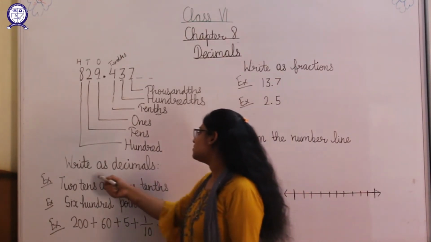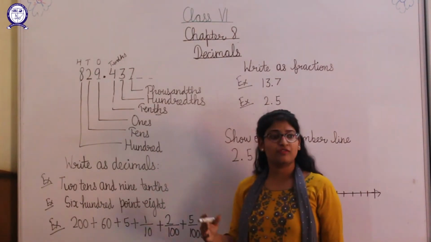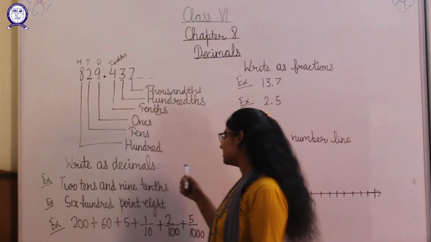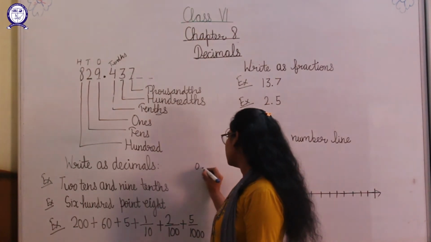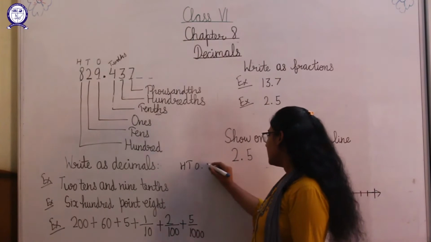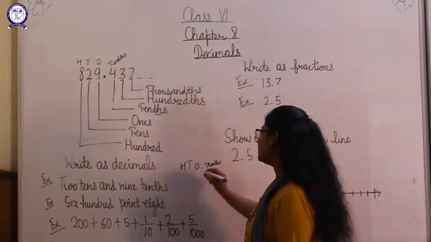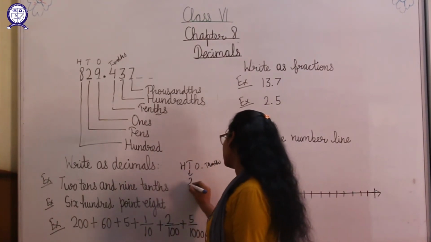Okay. Now next one is write as decimals. These are given to us and we have to write in the form of decimals. Here it is 2 tens and 9 tenths. If we write ones, tens, hundreds, and here will be the decimal, and then tenths, hundredths, thousandths, like this. So here it is 2 tens, so here we will write 2.